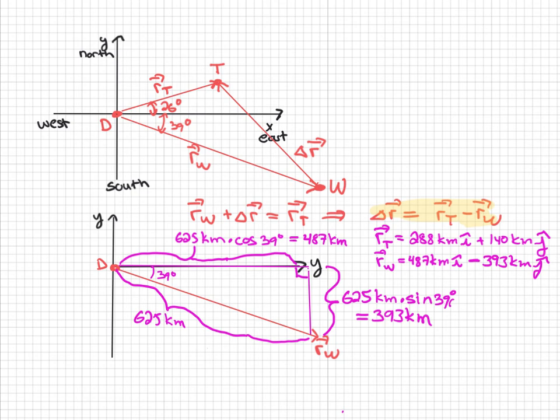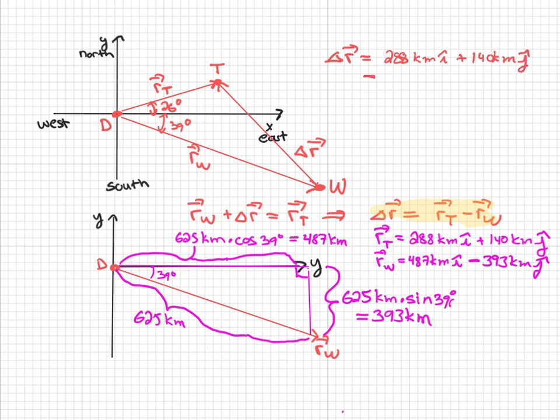Now to finish up, all I've got to do is plug these numerical values into my expression for the displacement delta r. Let's do that right up here in the upper right-hand corner where there's space. So delta r is equal to, I'm going to plug in for r_T, 288 kilometers i hat plus 140 kilometers j hat.